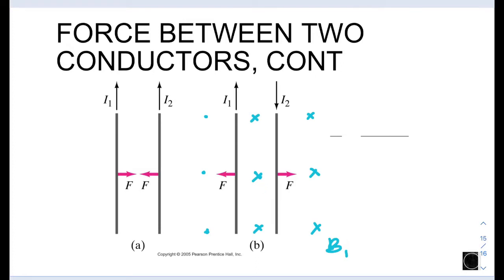Then you place the rest of your 4 fingers according to the direction of B1. So index finger to the bottom, the rest of the 4 fingers into the page, and your thumb is pointing to the right. That is why the force here is in this direction. So this is F experienced by wire 2.